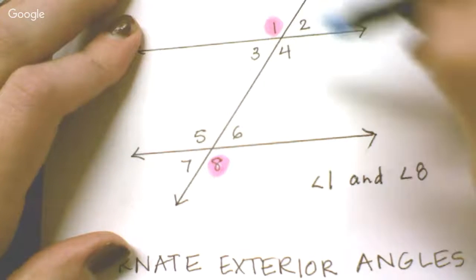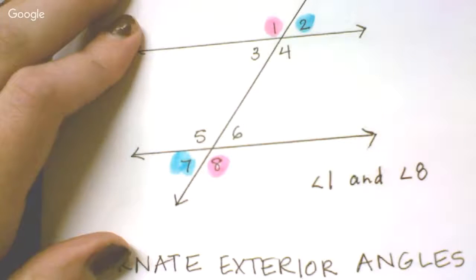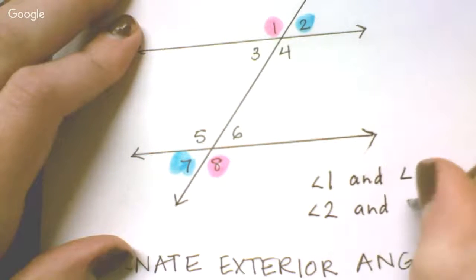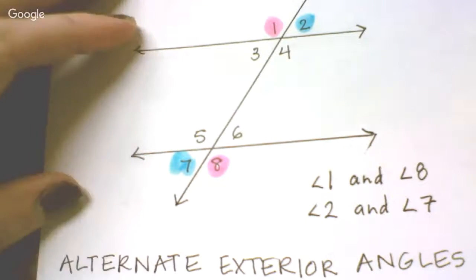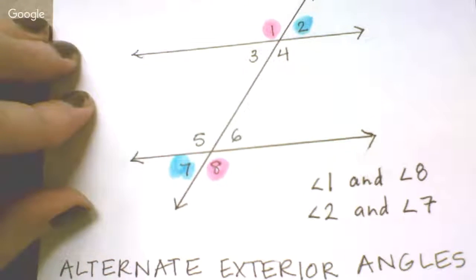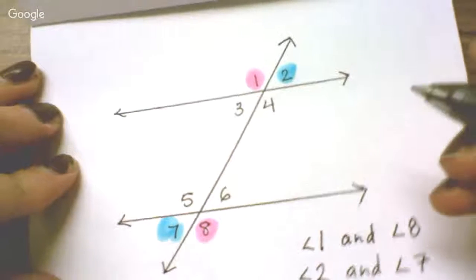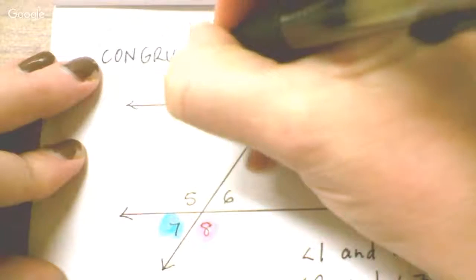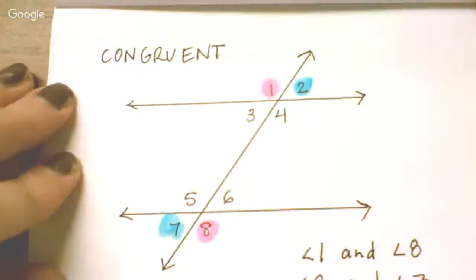Then I have another set, angle 2 and angle 7. Those are alternate exterior angles. Now, just like alternate interior, these angles are also congruent. So 2 is equal to 7, and 1 is equal to 8.